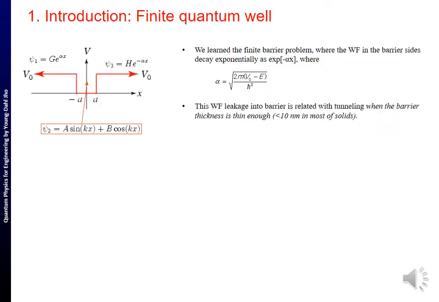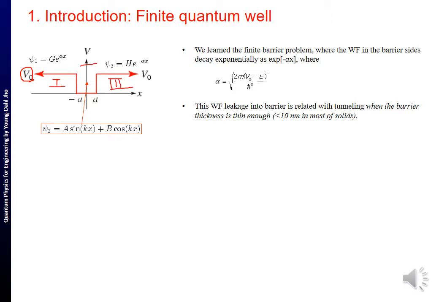Okay, first an important problem is the finite quantum well, which we have discussed before. In this finite quantum well problem, we have potential V0 in region 1 and region 3.